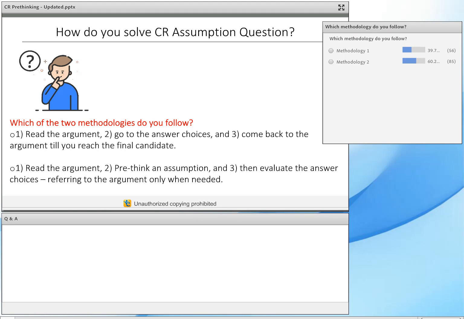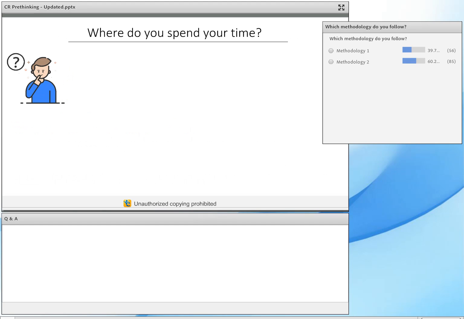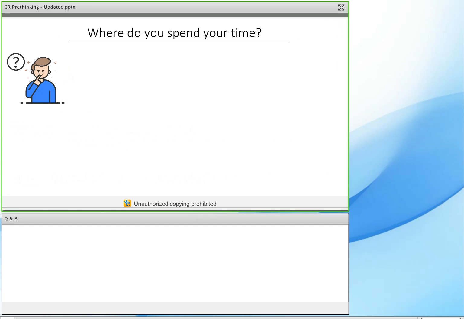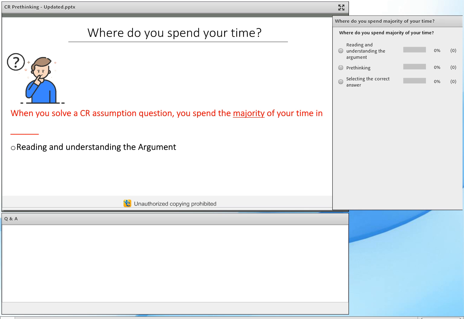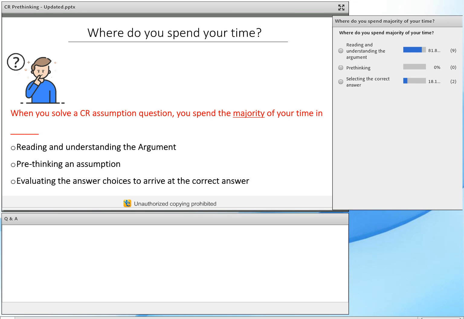The next question is for those who follow the pre-thinking approach, which is methodology 2. The question really says, where do you spend the biggest chunk? It says majority, but it should technically say the biggest chunk of your time. And you see the three answer choices over here.